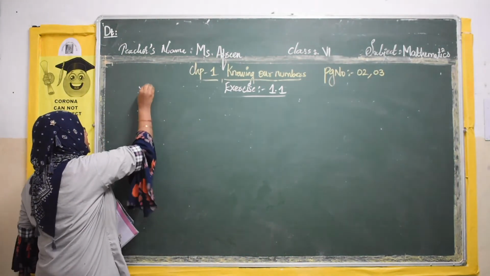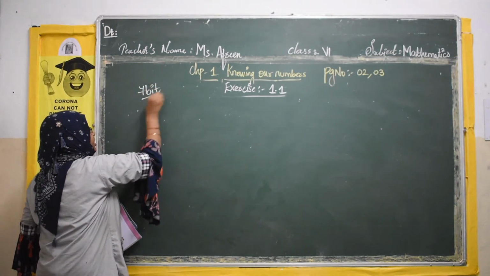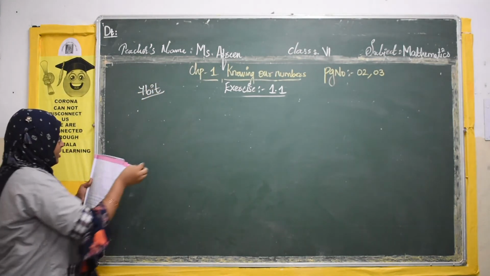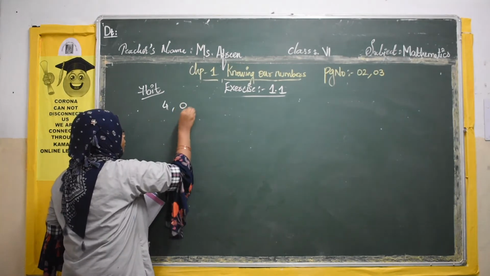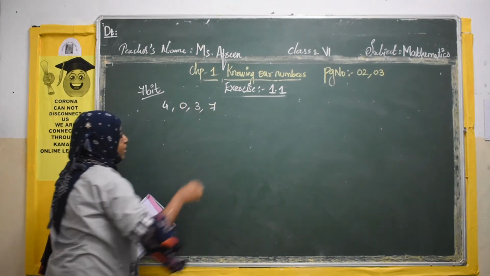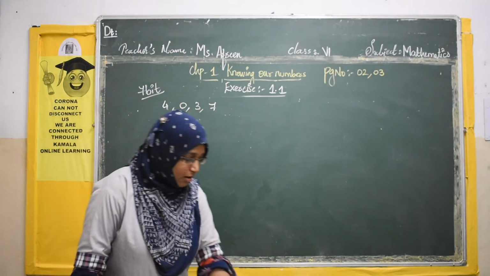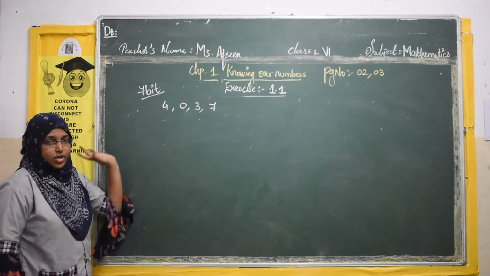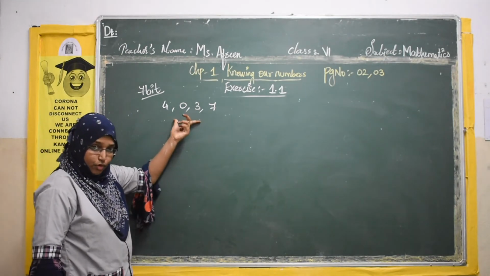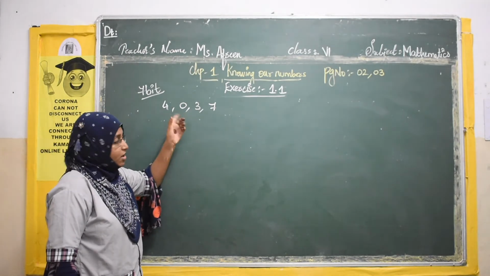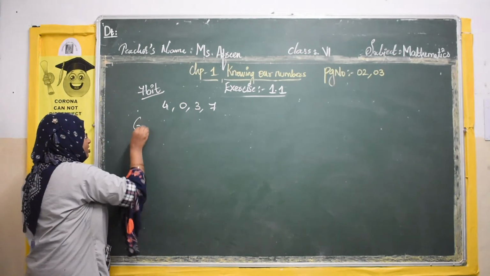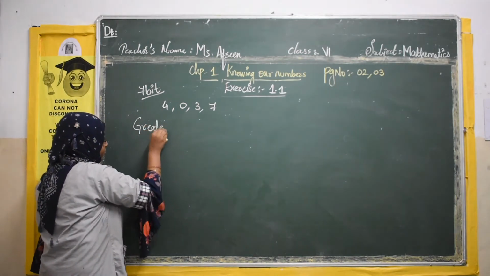In the 7th one, he has given 4 digits randomly, that is 4037. Now what he is telling us is to form the greatest and the smallest number by using these 4 digits.